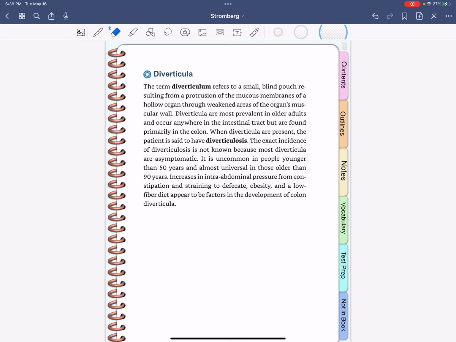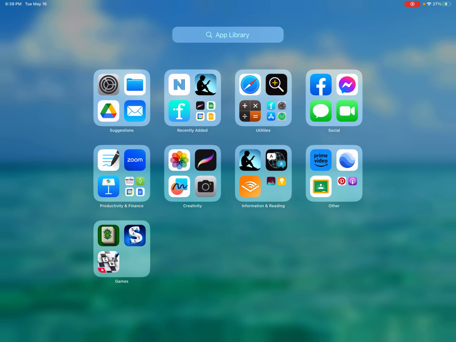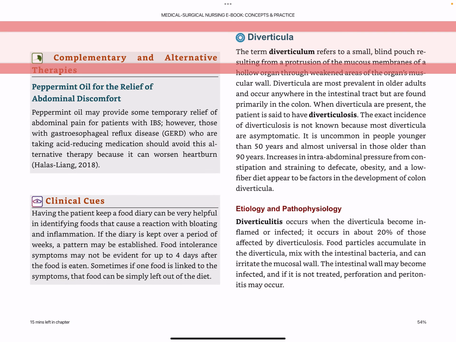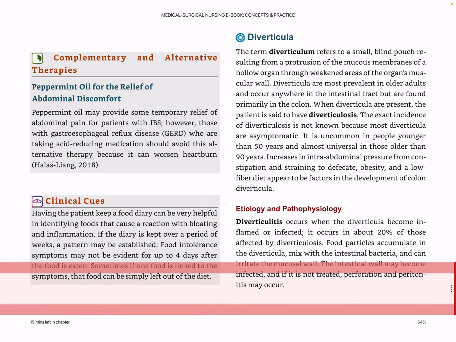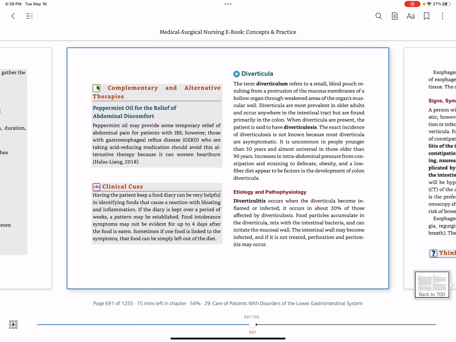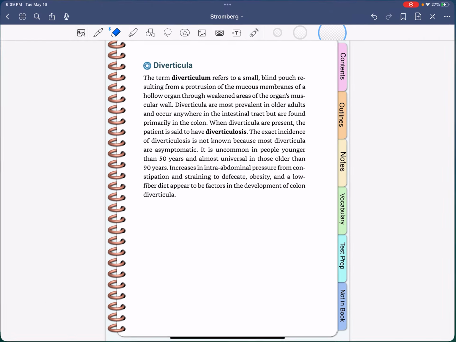And I should have written the page down. Let me see if I can find it on my Kindle. Yes, this one about diverticula is on page 691, somewhere in that neighborhood. So, sorry, I should have made that note very clear.